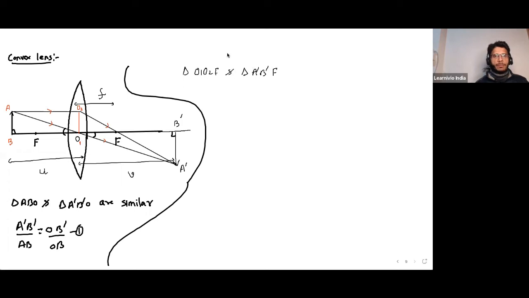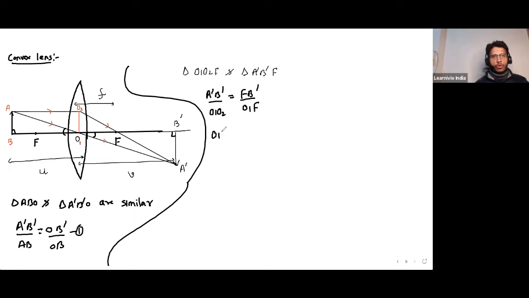If they are similar, the ratio of their sides are equal, which simply means A prime B prime divided by this side O1 O2 is FB prime divided by O1F.